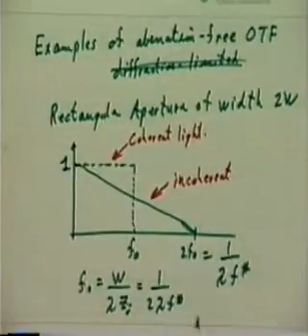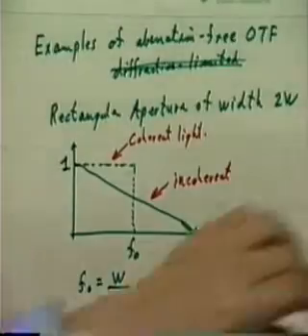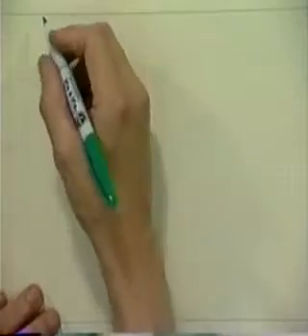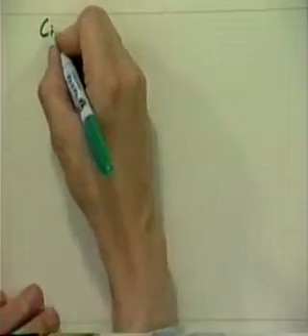In a little bit, we'll see physically why that makes sense. That would be the incoherent transfer function. Okay. Now, I think there's limited interest in square lenses. So let's look at a circular lens. And the circular lens is more difficult.